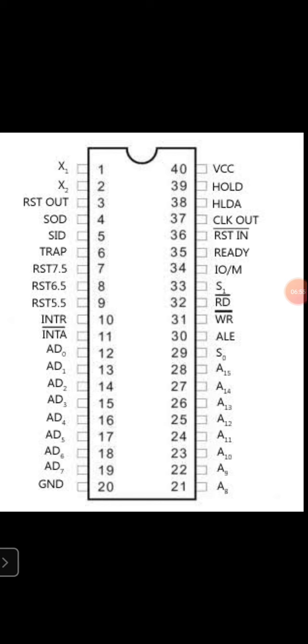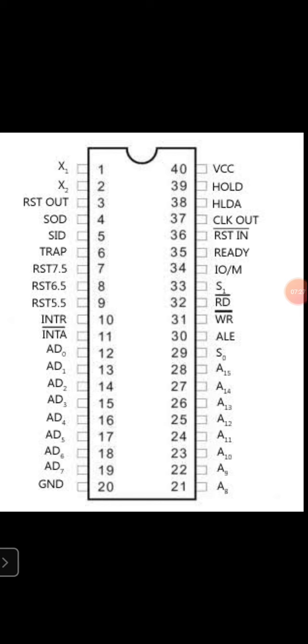These pins are placed between pin 29, that is S0, and pin 33, that is S1. Here, what does bar mean? Why do we differentiate these pins from the other pins with a bar? Bar indicates that these are active low signals.